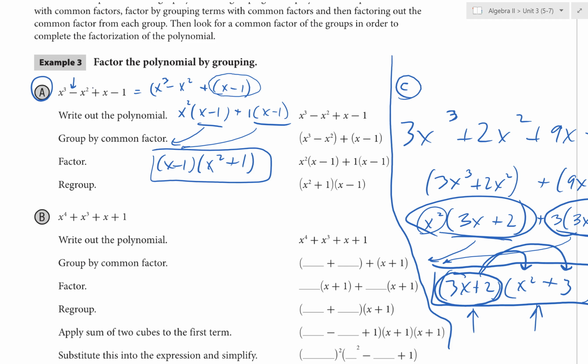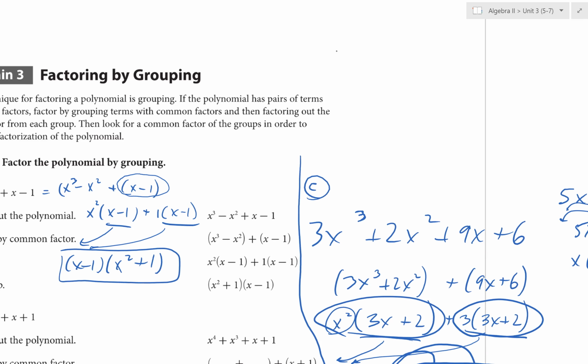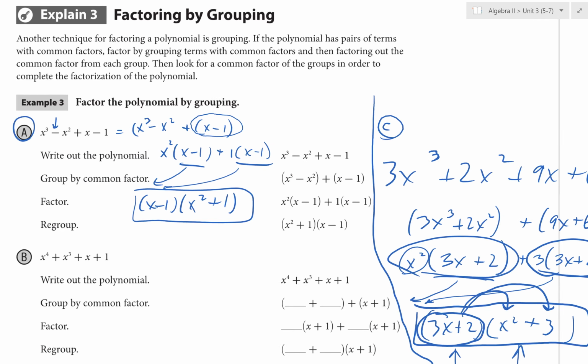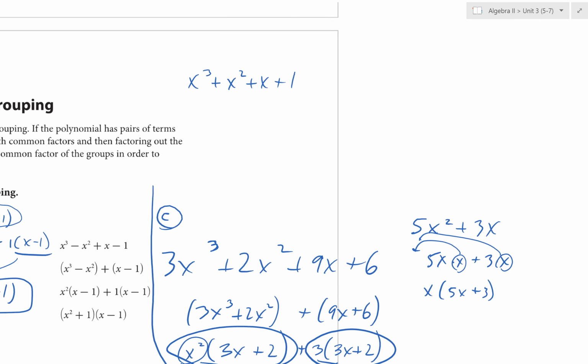Well, let's see. Someone that has the pluses, what is the equation? X cubed plus x squared plus x plus 1. Okay. So what you're talking about is the second one then, right? Oh no, that's actually different. So some of you have x cubed plus x squared plus x plus 1.